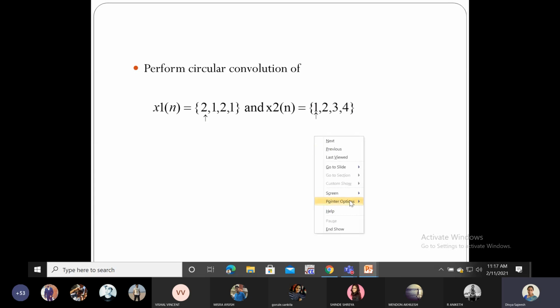Suppose the element was starting from here instead of this, then what will be the origin of that? Here it is 0 and here it is minus... In the second case, what will the first element position be if I change? -2. So -2 plus 0, it will be -2.